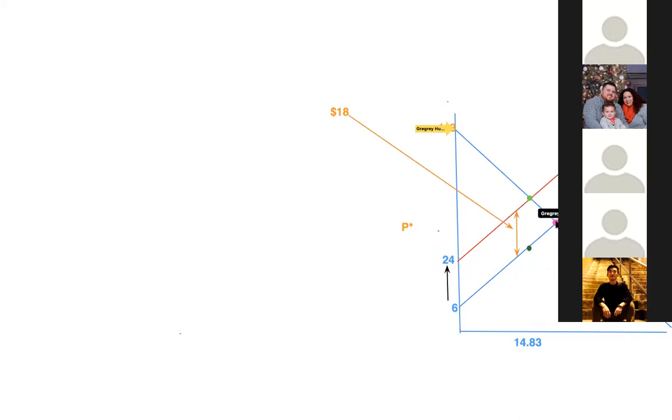To answer these questions, notice this pink one is the original equilibrium, where the original demand and supply curves cross. You know how to find that, right? Or no? Yeah. So that's one part.